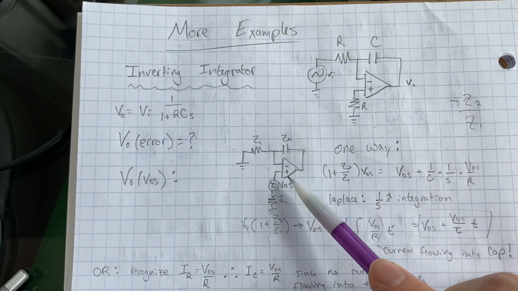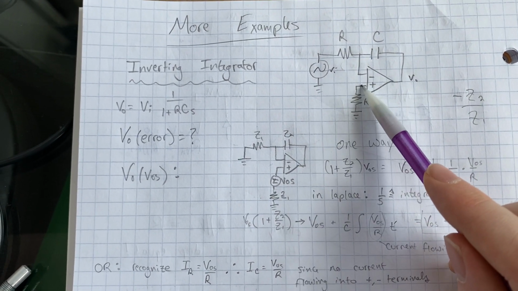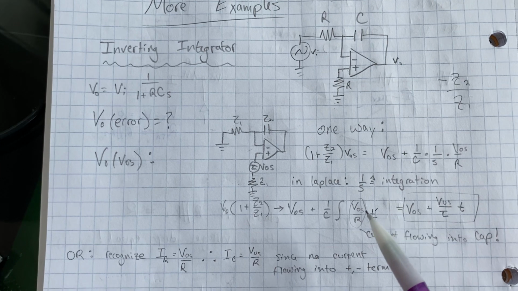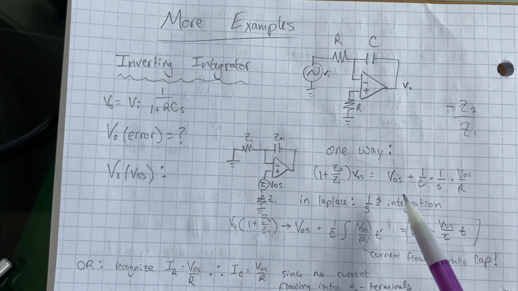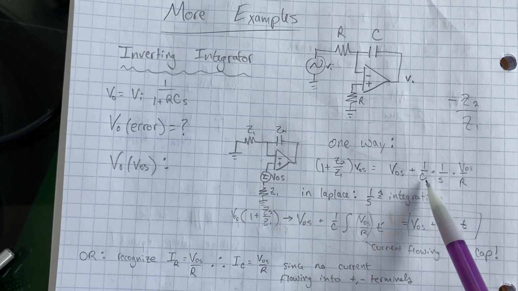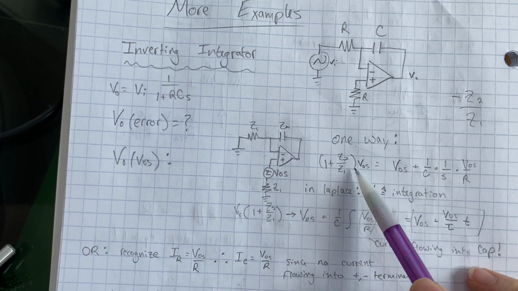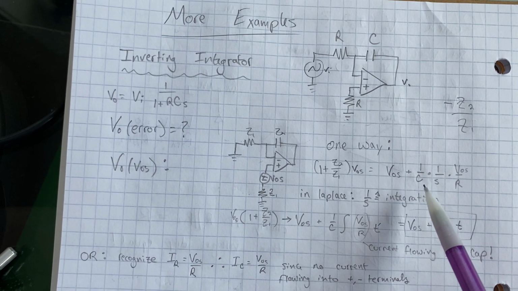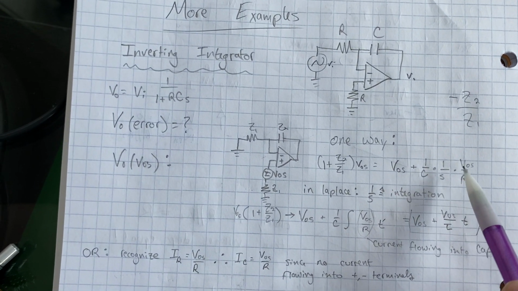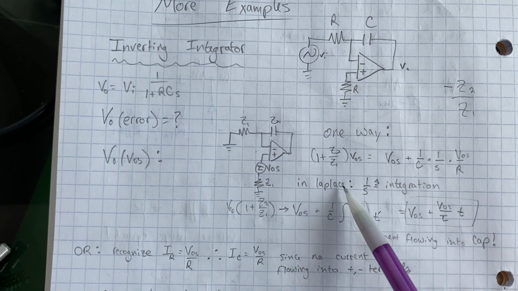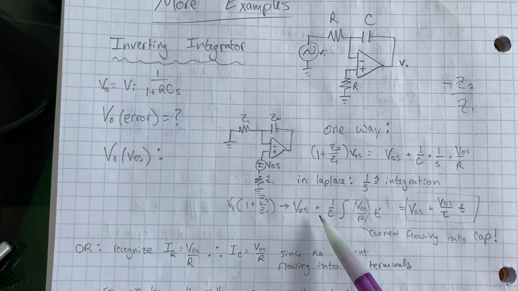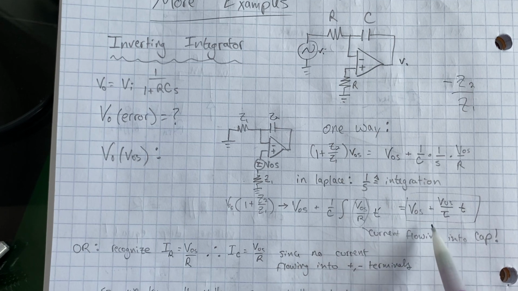But now if we treat the offset as entering this pin, we can use non-inverting. And we get V offset times quantity 1 over C, 1 over S, 1 over R. And in the Laplace domain, 1 over S is an integration. So we can get this.